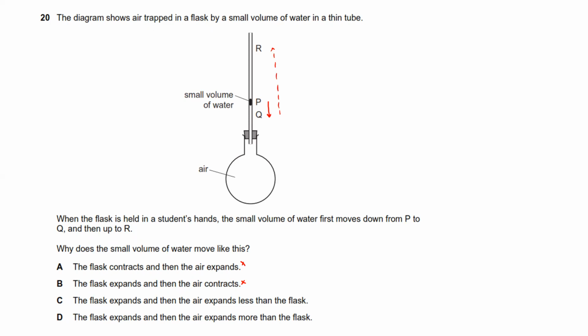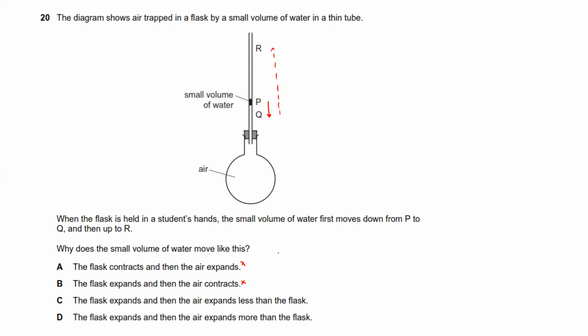So initially when the flask expands, the water comes down, and once it comes down, the energy is taken up by the air molecules, and they start to heat up, and then the air expands, and then the water moves up.